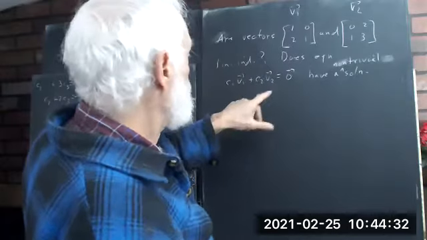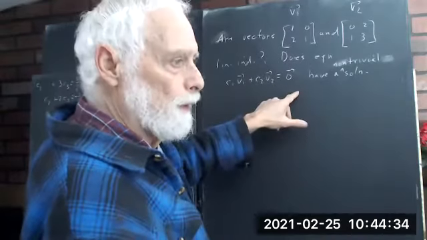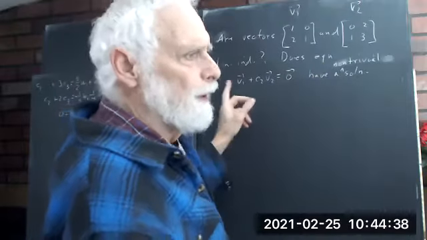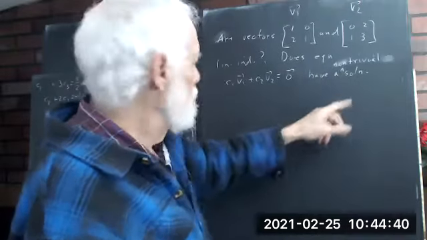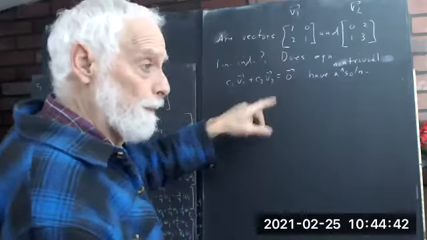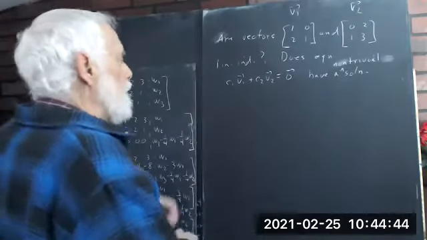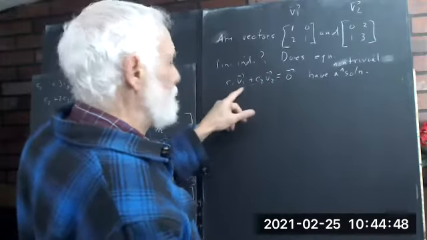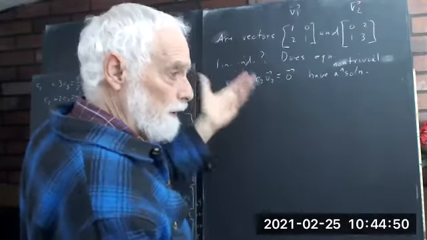Well, the question comes down to this: is there a non-trivial solution to the homogeneous equation? If there's no such solution, that means this vector isn't a multiple of this vector, and they are linearly independent.